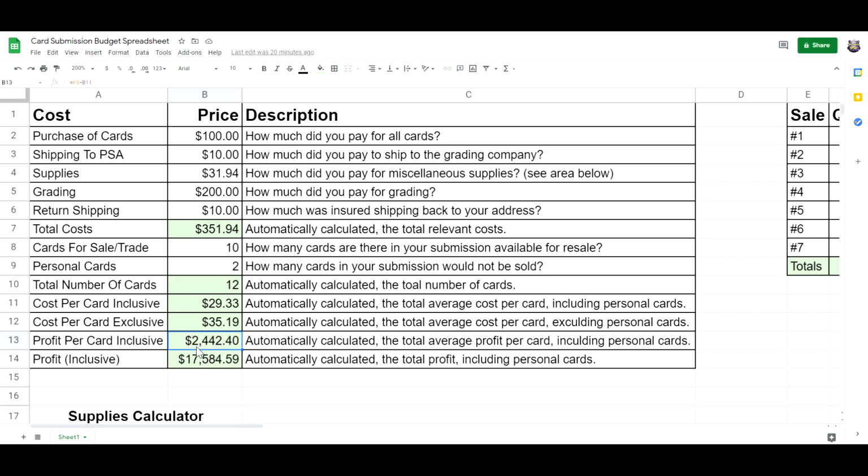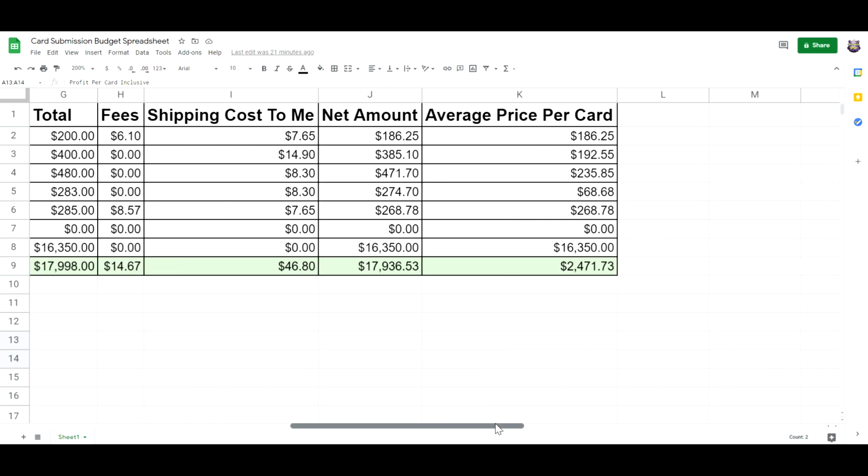We're going to take the total sales value, then we're going to subtract the total cost per card, and then we'll come to a number, and then the profit inclusive is just total sales minus total costs, and that gives you your profit. So effectively, you have the individual average profit, and then you have the total profit, which again, really simple stuff here.